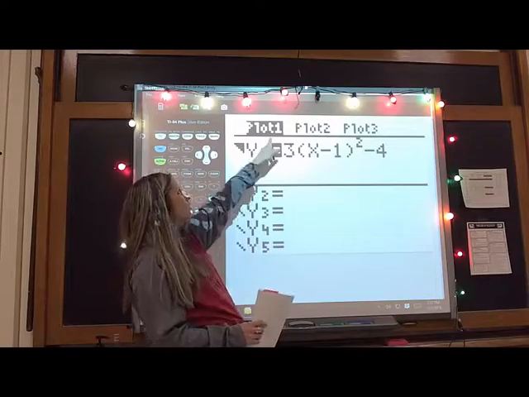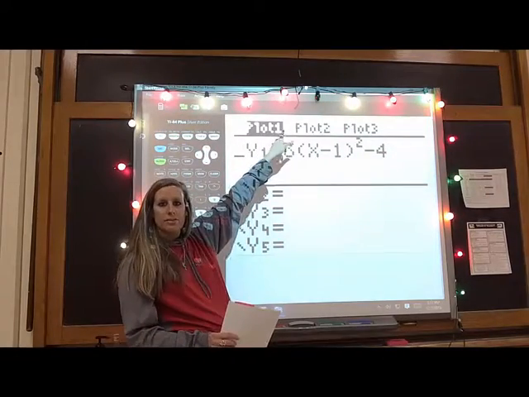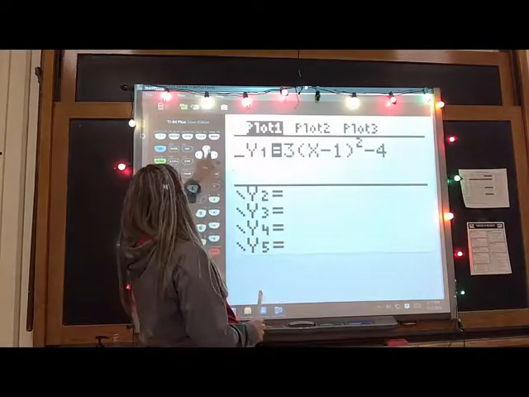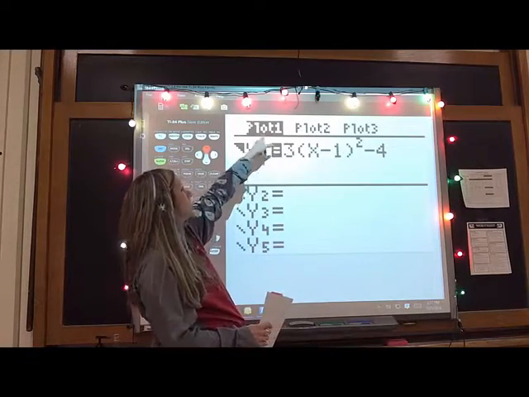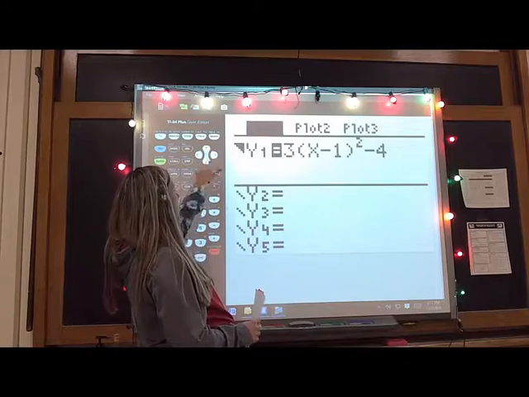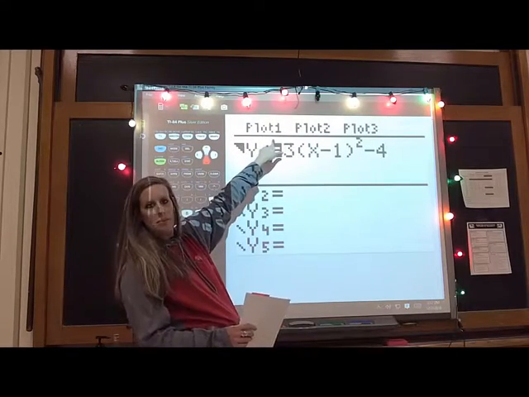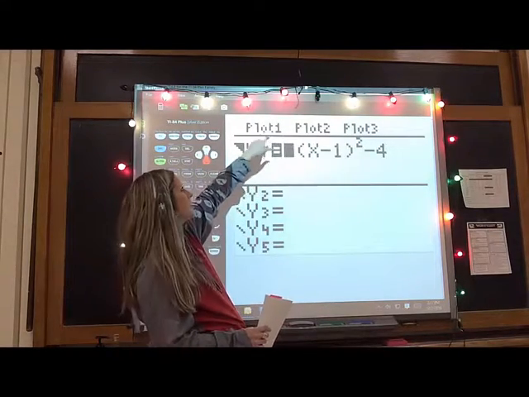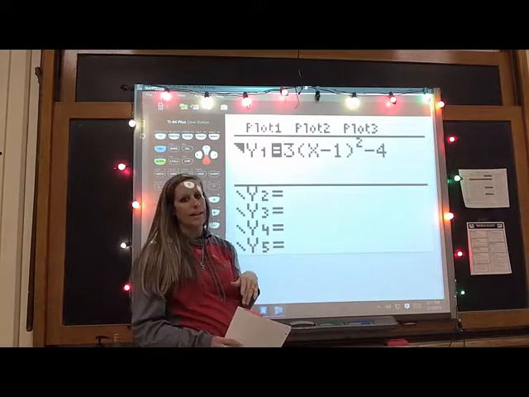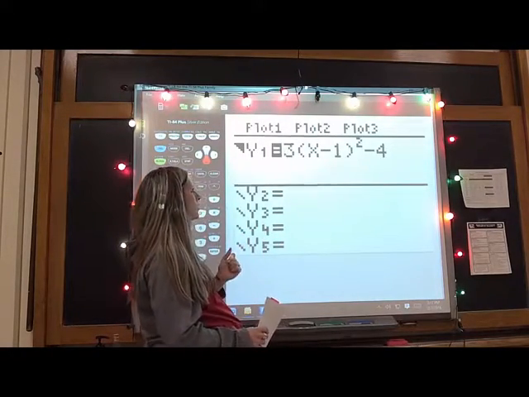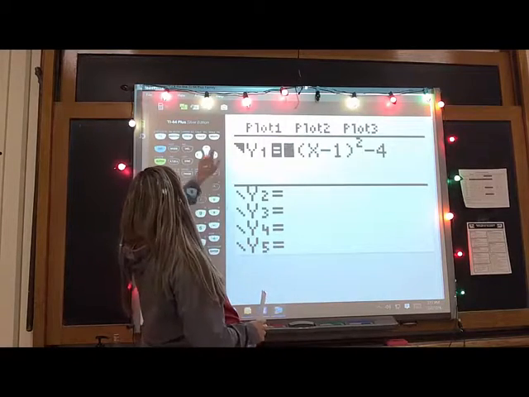Now, if your plot 1 is highlighted from yesterday, you need to make sure to turn that off or else it's not going to work. Okay. So make sure plot 1 is not highlighted. See how mine's not highlighted anymore? So you go up to it, you press enter, and it'll take that highlighted off. Okay, so now press graph.